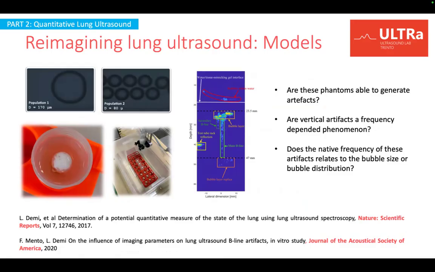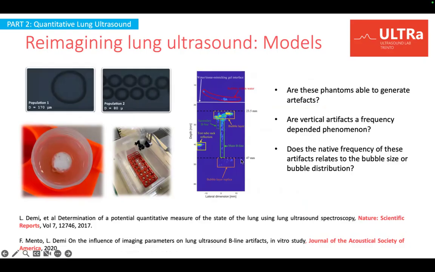And so we started creating lung models with controlled micrometric bubbles. So we generated, for example, in this case, different populations of bubbles with sizes in the range of diseased alveoli. So in this case, you see, bubbles of 170 micron, in this case of 80.